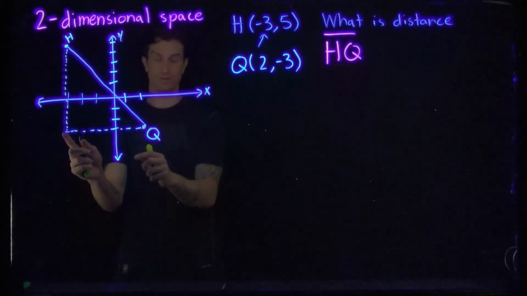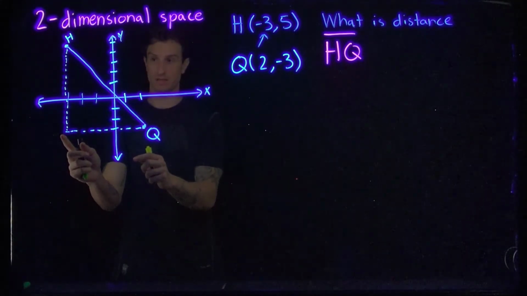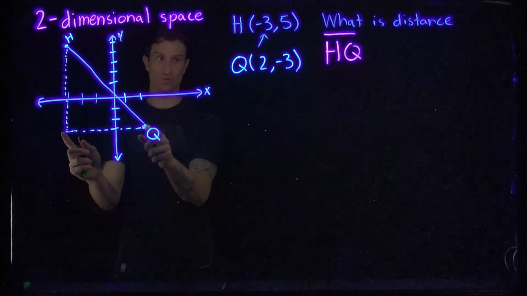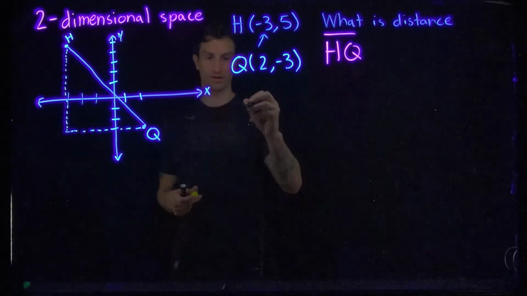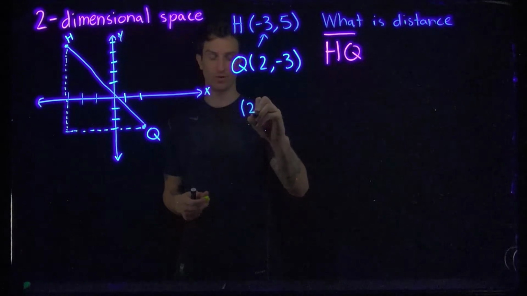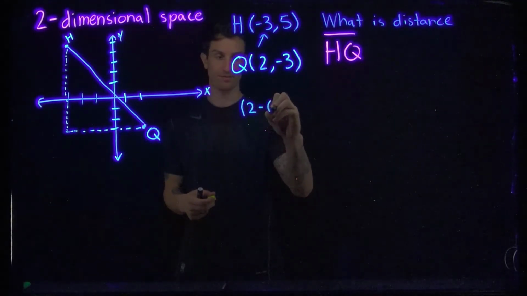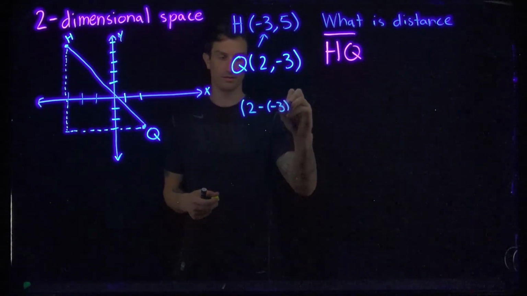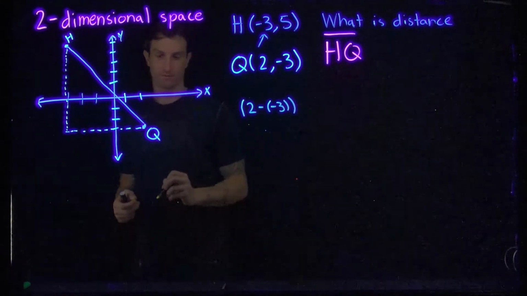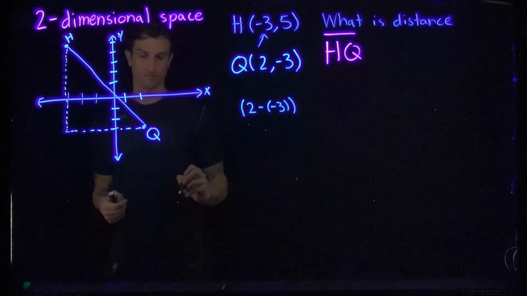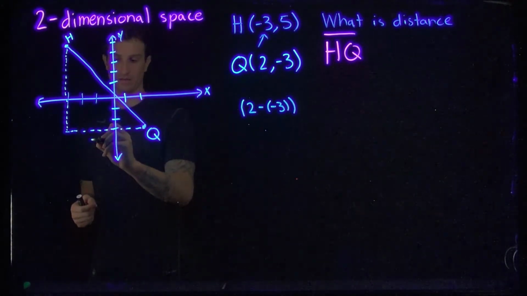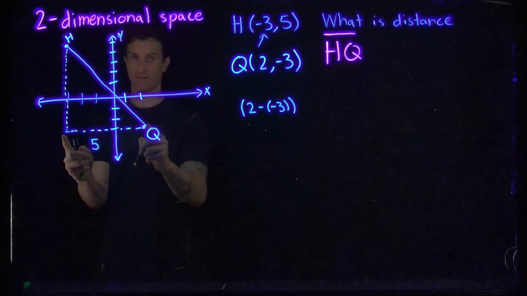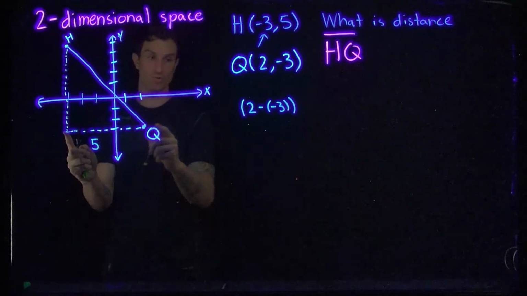We know this X value is -3 and this one is 2. So we take our 2 and subtract our -3. This distance is going to be 5, a distance from -3 to 2 of 5.